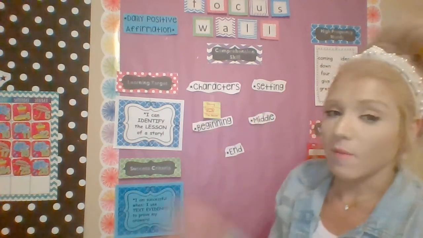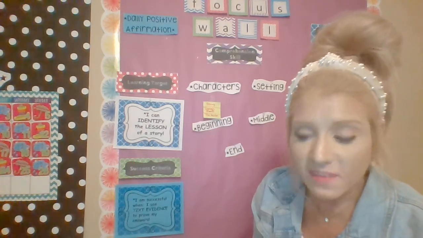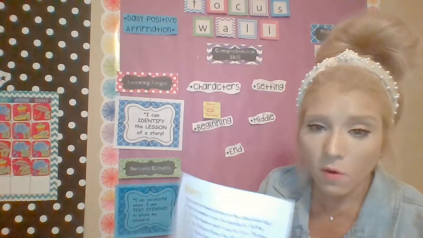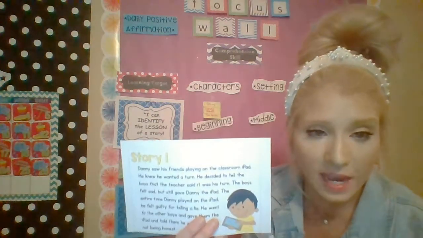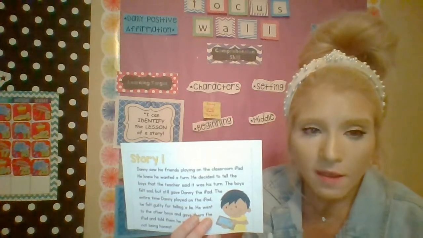Next is the setting. Remember, the setting is when, past, present, or future, and where the story takes place. So right now, you can pause it or quickly say out loud or write it down. What was the setting of this short story, this text? And do you notice, while you're thinking that, I just got to point something out.